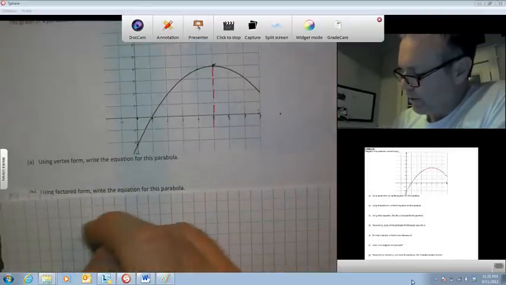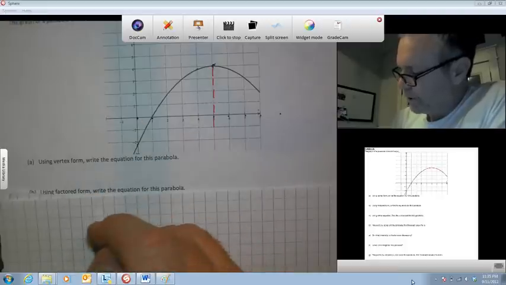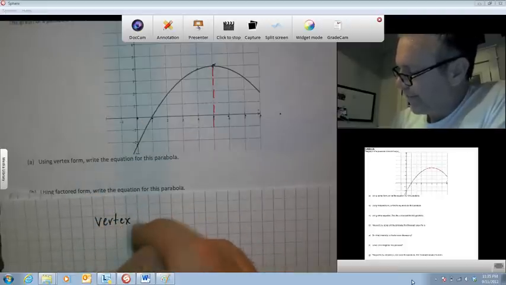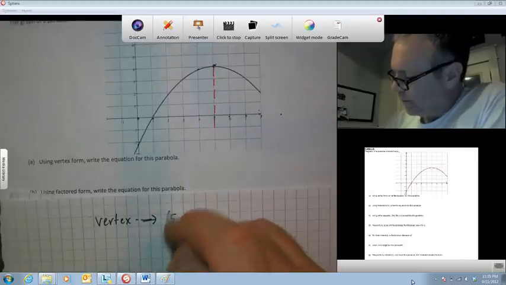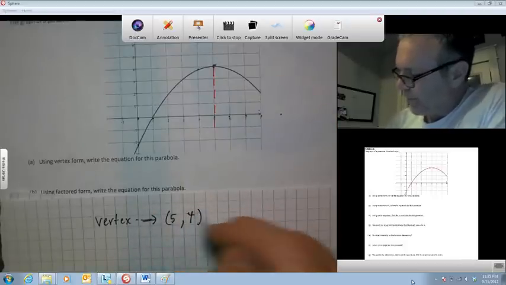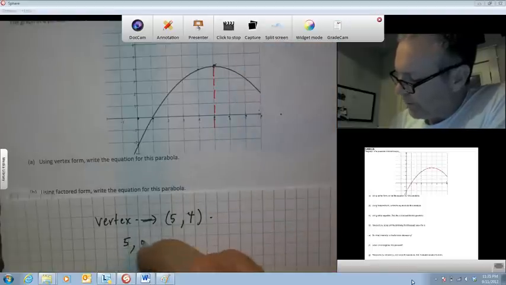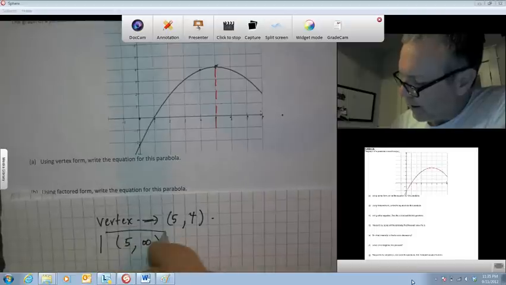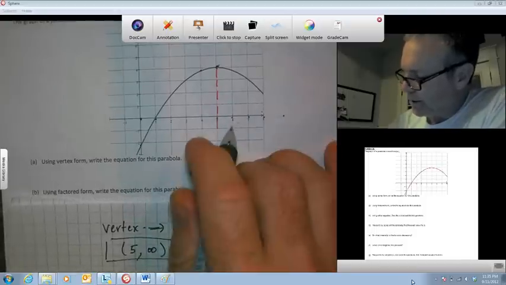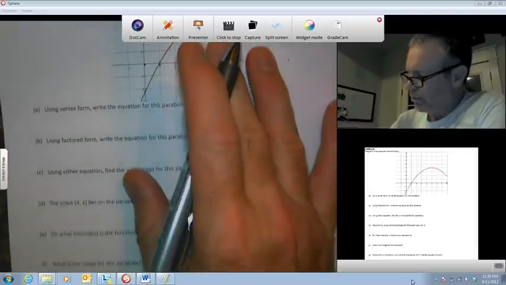The vertex is (5, 4), like we found before, and it is decreasing on the interval from 5 to infinity. We're not going to include 5 or infinity, and that is when the function is decreasing.